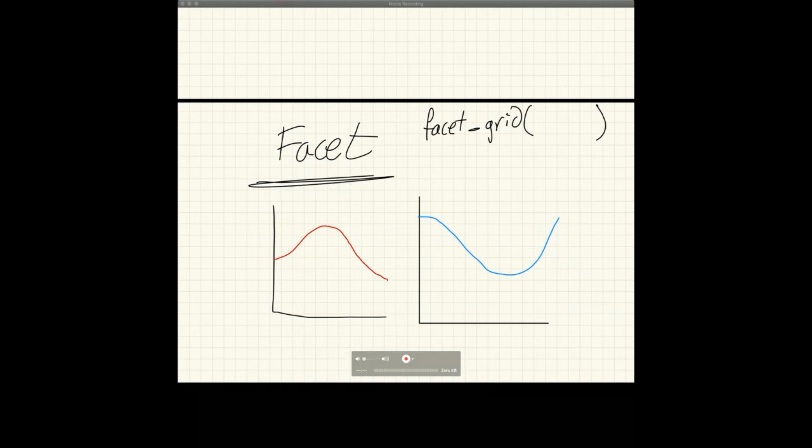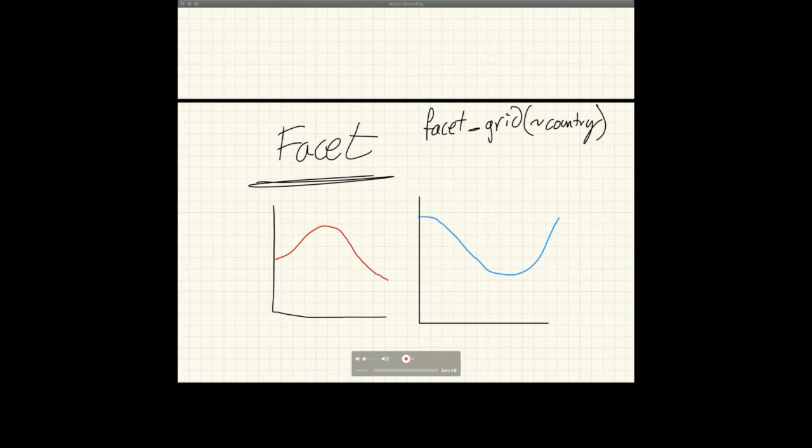So in this example, I might say facet my grid by country. And then I would get unique plots for the climate curves of every country in my data set.